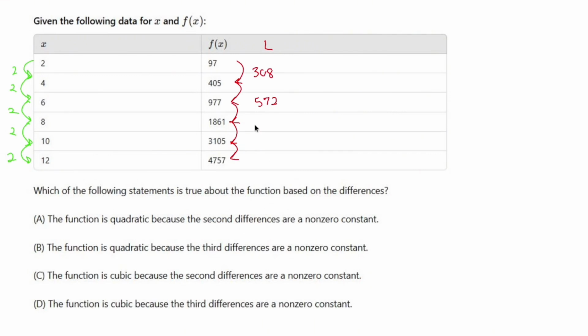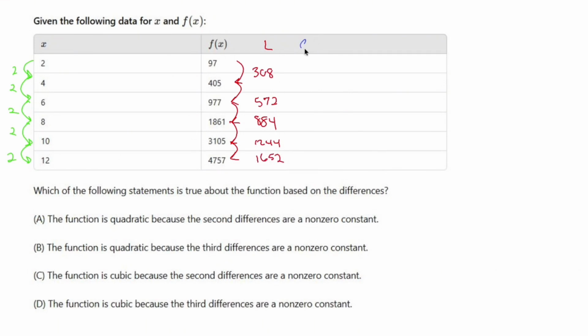I am not typing this into a calculator off to the side, so I don't appreciate your accusations. 3105, 1861, the year I was born, is a difference of 1244, and the difference between 4757 and 3105 is going to be 1652. So yeah, not linear.